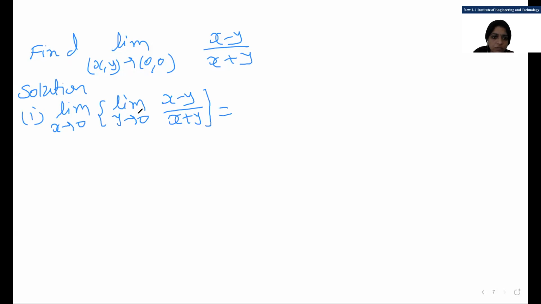Okay, so first we apply 0 instead of y. So limit x tends to 0, here x minus 0 is x, and upon x plus 0, that is again x. So limit x tends to 0, both x will be cancelled, so equal to 1, right? So our answer is 1.